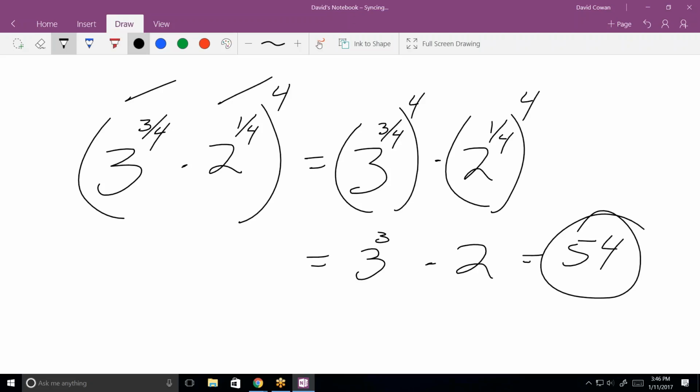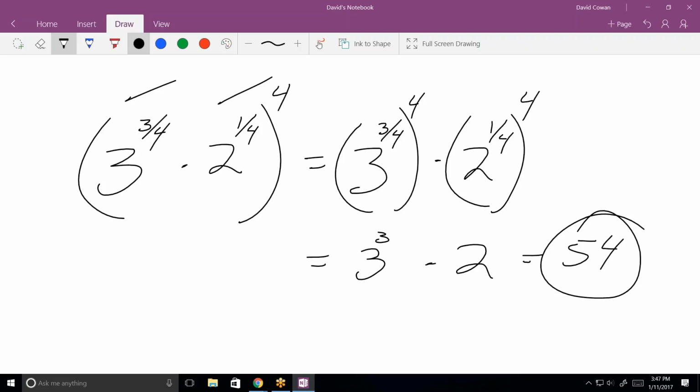None of these things are going to come out to be even numbers. 3 to the 3/4 power is not a rational number, nor is 2 to the 1/4 power. So you're going to get a decimal with like 12 decimal places for both of these numbers, and when you multiply them together, I'm not sure what your calculator would do.